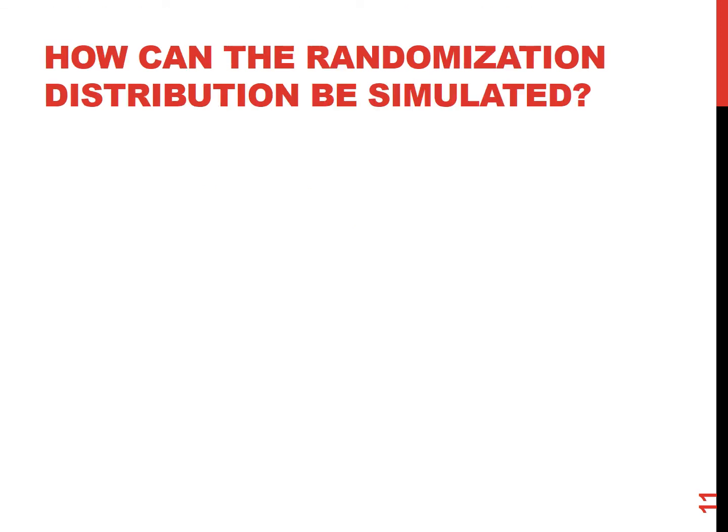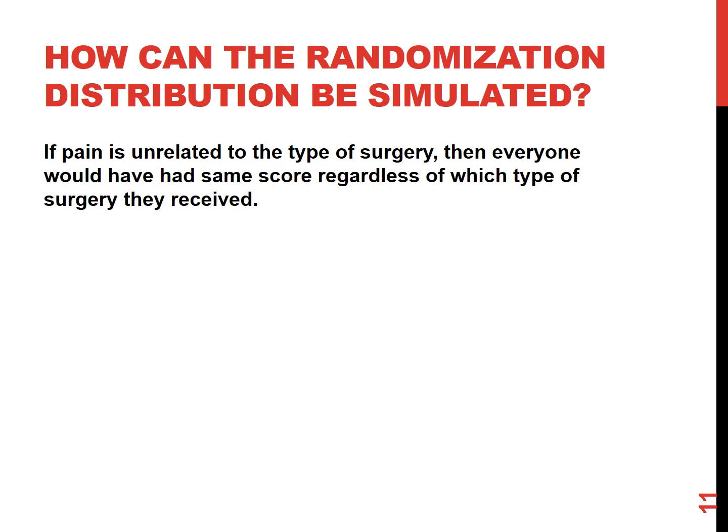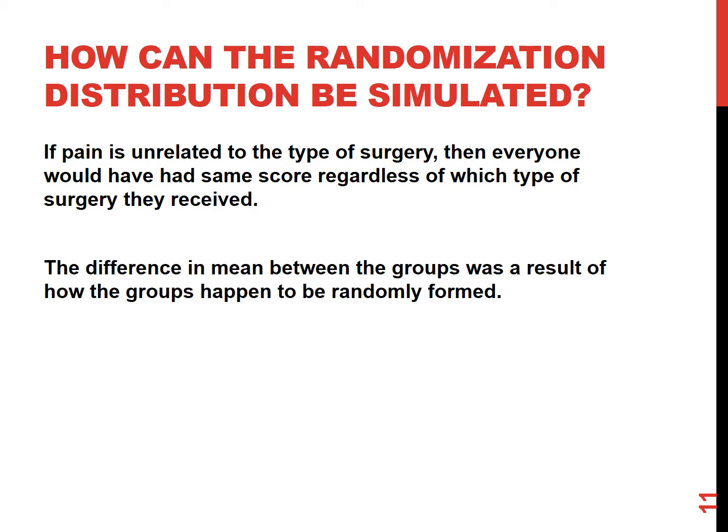So how can we simulate the randomization distribution? The idea behind how this is done is that if pain is unrelated to the type of surgery that people had, then everyone would have had the same pain score, regardless of which type of surgery they received. If this is the case, then the difference in means that we saw resulted not from the type of surgery that people had, but instead just because of how the groups happened to be randomly formed.